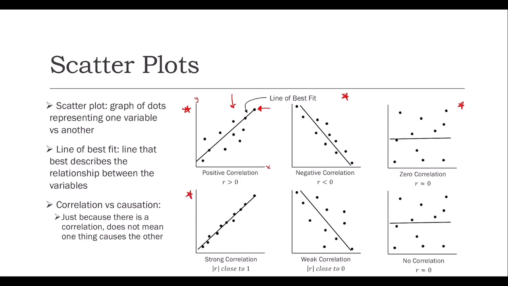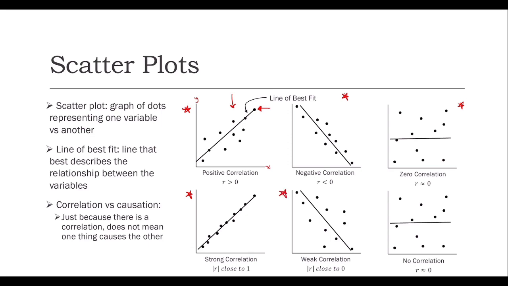Down here on the bottom, our fourth graph shows a strong correlation because all the points are close to the line. So this would be an R value of close to 1. You could also have a strong correlation going down. If all the points are close to it, our R value would be close to -1.